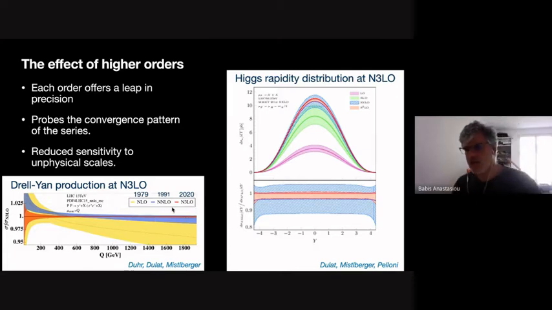The calculations are not only at the inclusive level, the calculations become more and more differential. At NLO, everything is differential. At NNLO, it is well understood how to make cross-section calculations differential. The formalism is there, but the ingredients are not always there for all processes. Nevertheless, we have many NNLO differential calculations. And now, also at N3LO, we see the first differential calculations, for example, the Higgs rapidity distribution.